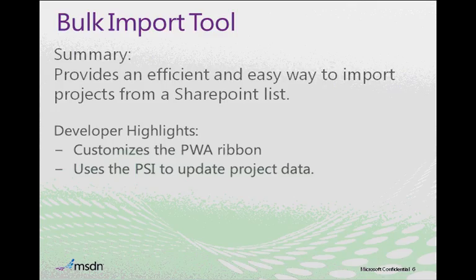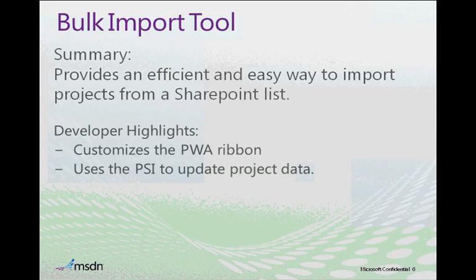It's actually going to show up on the same ribbon as this one did. It's a little bit different tool, though. Instead of bulk editing existing projects, what this allows me to do is point to a SharePoint list and extract fields that are in that list and create projects out of those.